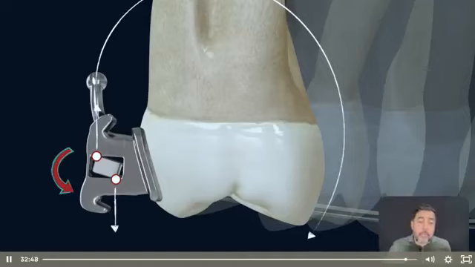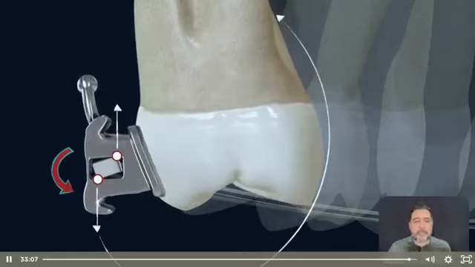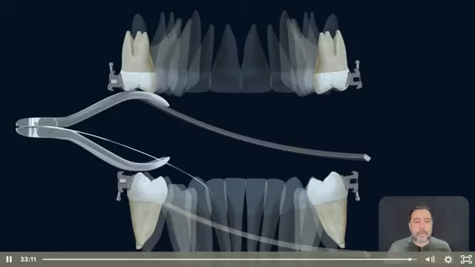Okay? This is the way we see things in orthodontics, and the importance here is to understand the relationship between what we are applying the wire, which is the real torque, and what is going to happen in the dental arch, which is the relative torque. Okay? This is the relative negative crown torque.